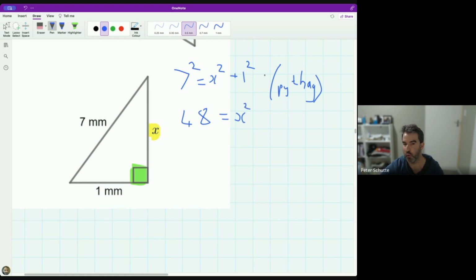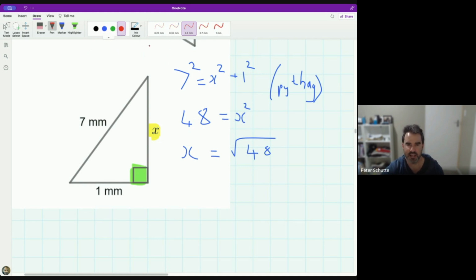Here, I took away 1 from both sides, or 1 squared, and I got that. And so x will end up being, if I square root both sides, the square root of 48. Now, in your calculator, it can also write that as a decimal. So what would I get? Square root 48, 4 root 3, or 6.93.